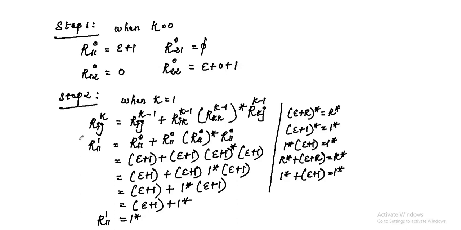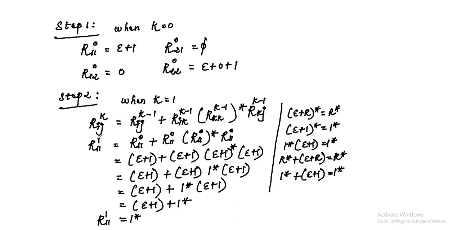Coming to the second step, when the k value is 1, we need to follow the second equation: Rij raised to the power k equals Rij raised to the power k minus 1, plus Rik raised to the power k minus 1, into Rkk raised to the power k minus 1 whole star, Rkj raised to the power k minus 1. Here the first combination is R11, where k value is 1.